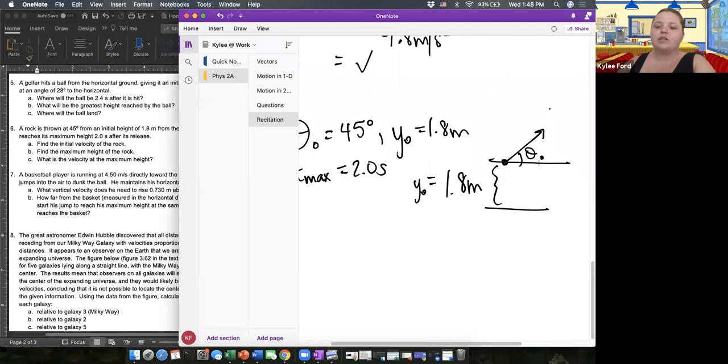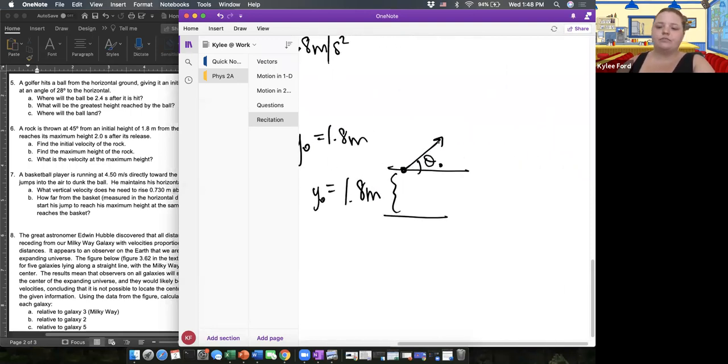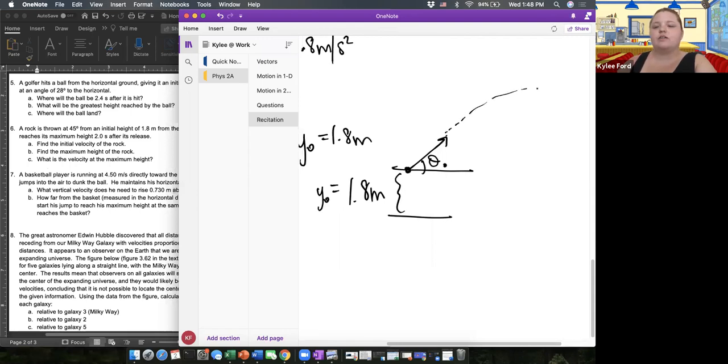And we want to know the initial velocity of the rock. At my maximum height here, we know that it takes 2 seconds to get there, and we want to know the initial velocity based on all of this information.